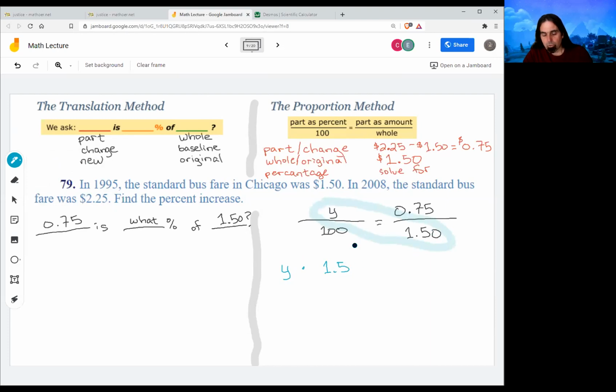Can I put 1.5 instead of 1.50 and people don't mind? Or should I keep making it 1.50? No one has a preference.